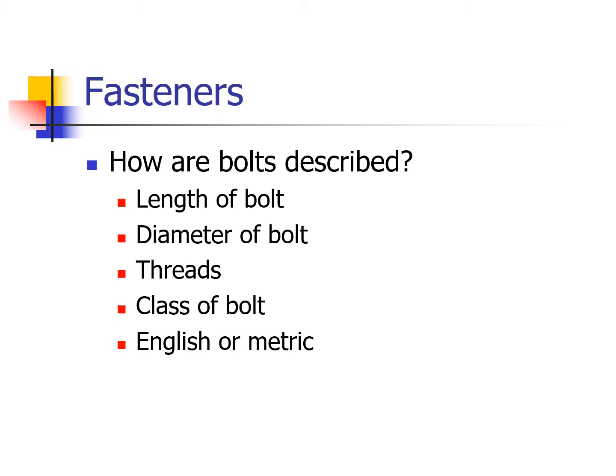And as I've mentioned in the past, I like working on old cars, and I've come across a lot of older cars that have English fasteners on them, and those actually can be from England also, but predominantly American cars built prior to 1980 have English fasteners on them.